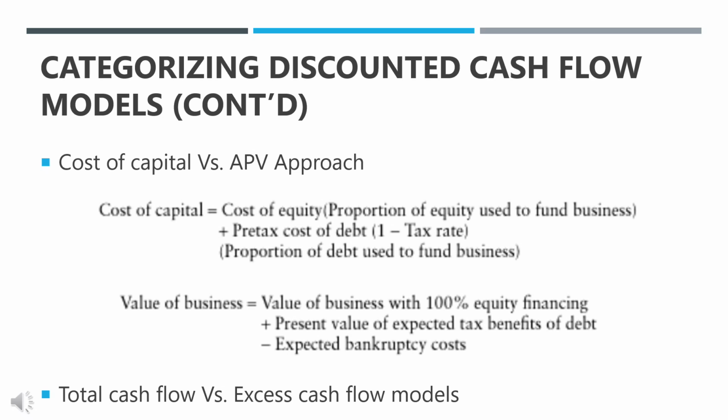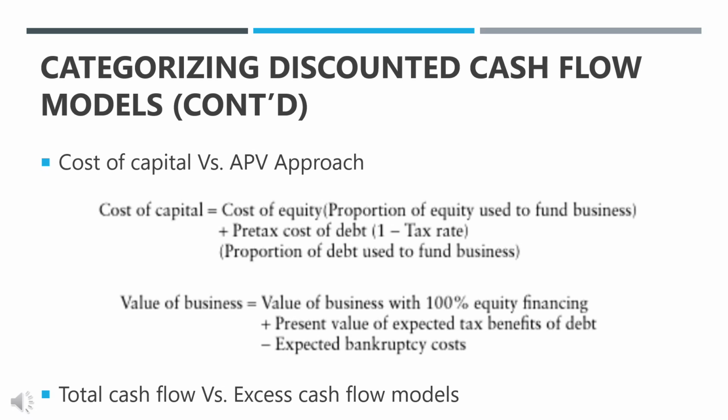Thus, we start by valuing the business as if it were all equity funded and assess the effect of debt separately, by first valuing the tax benefits from the debt and then subtracting out the expected bankruptcy costs. While the two approaches take different tacks to evaluating the value added or destroyed by debt, they will provide the same estimate of value if we are consistent in our assumptions about cash flows and risk.